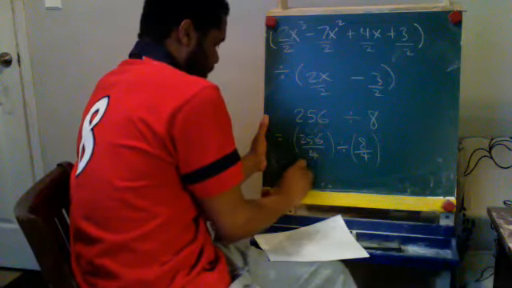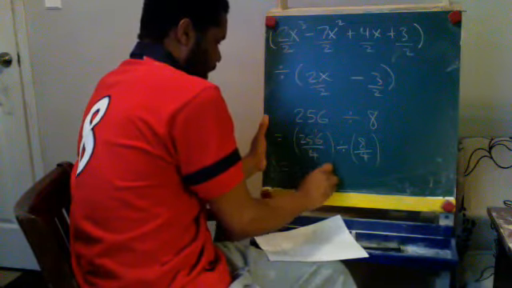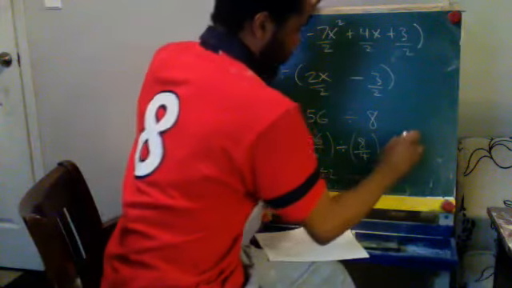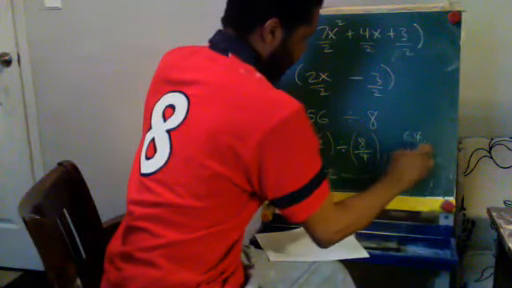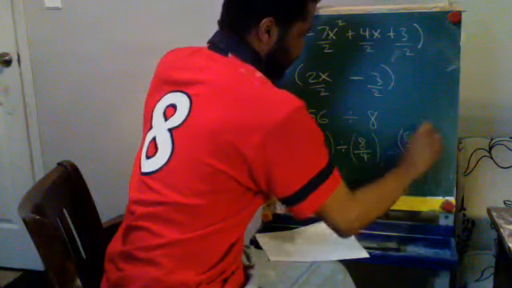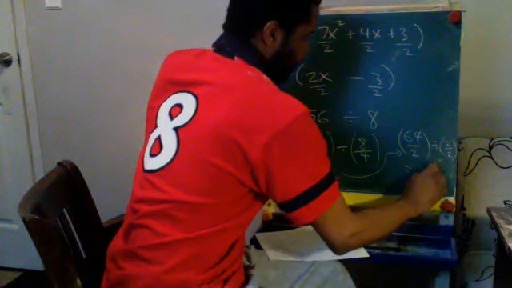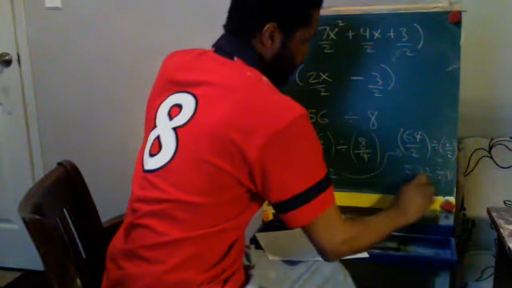So I know that's going to be 64 divided by 2. Now I can just write the answer as 32, but I can go back: 64 divided by 2 is the same as 64 divided by 2 divided by 2 divided by 2, which is going to be 32 divided by 1, which is 32.